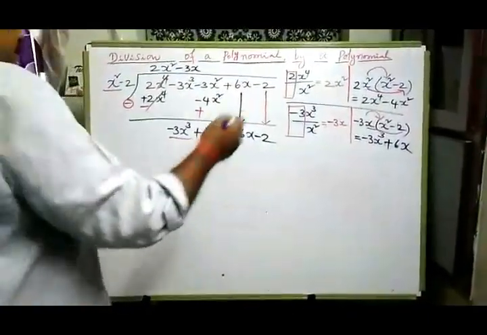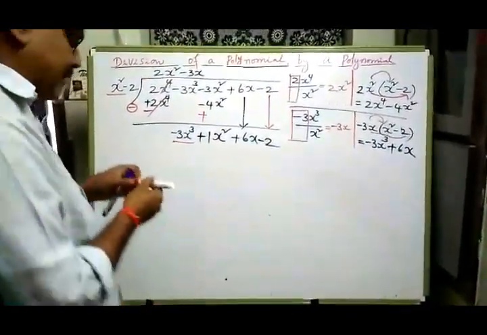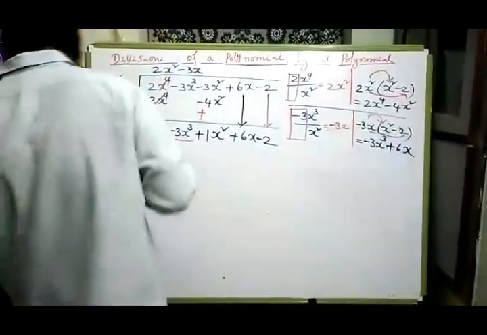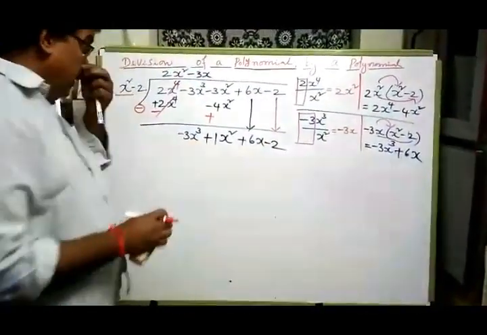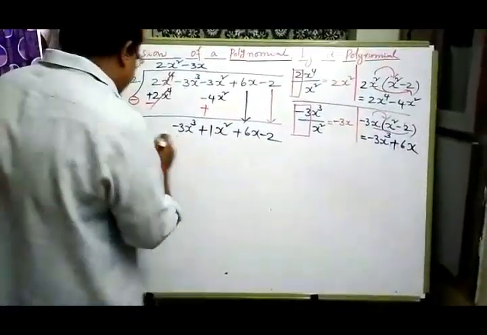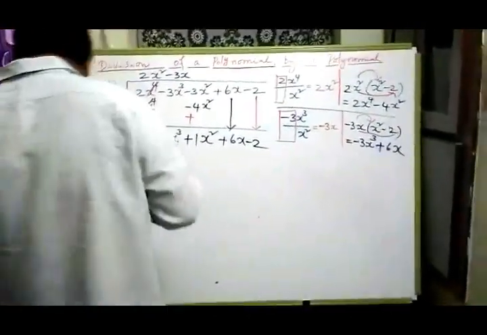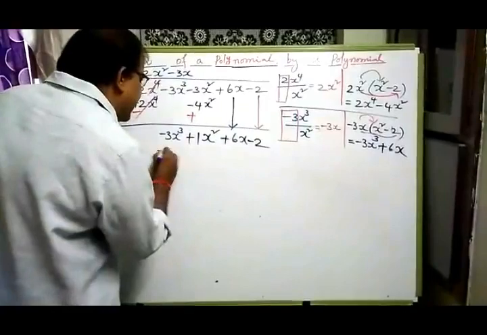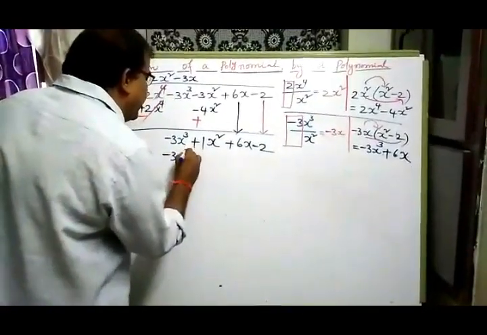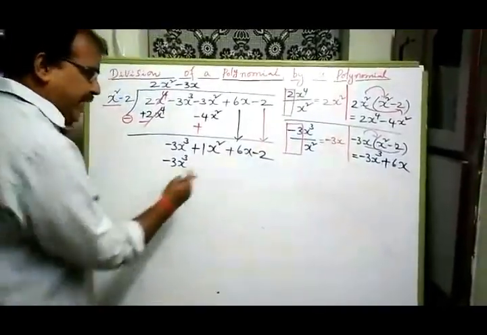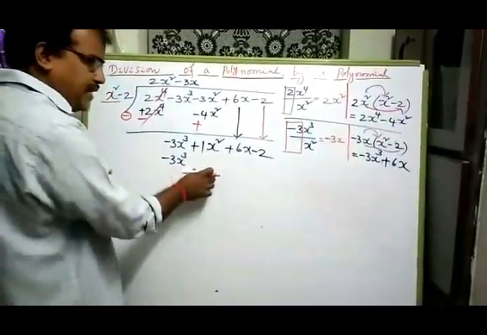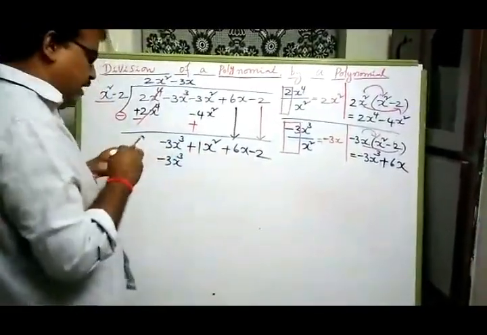Now I place that result below the new dividend. So what is the result? Minus 3x cube, and what is the next term? Plus 6x. Don't write plus 6x below the 1x square. Where is plus 6x? There you have to write.